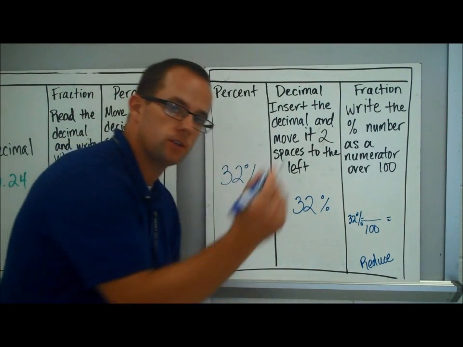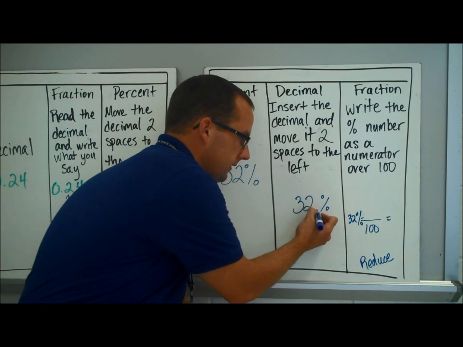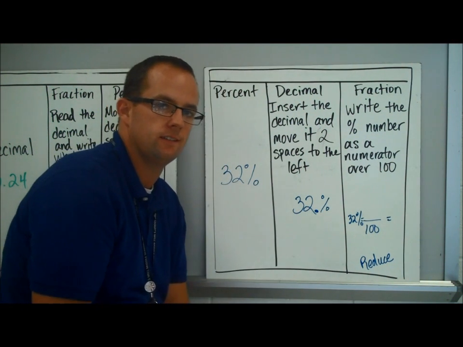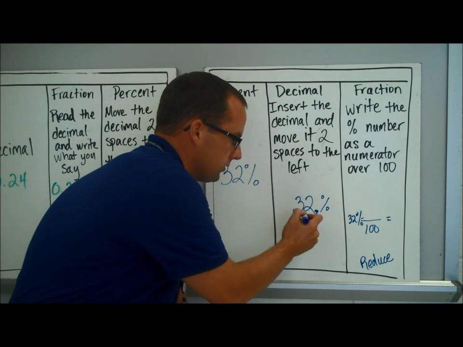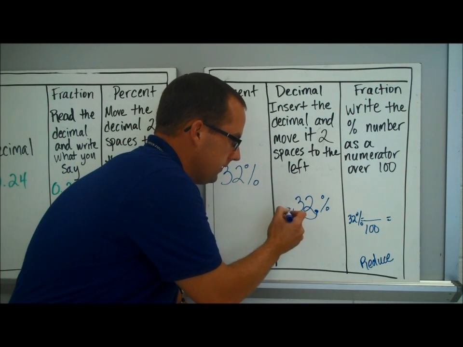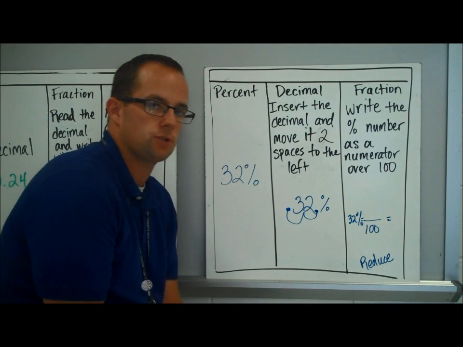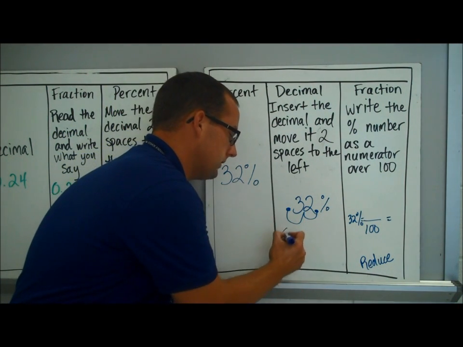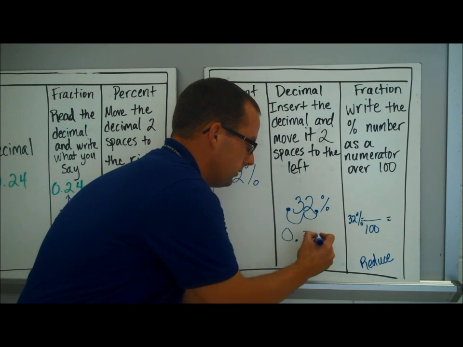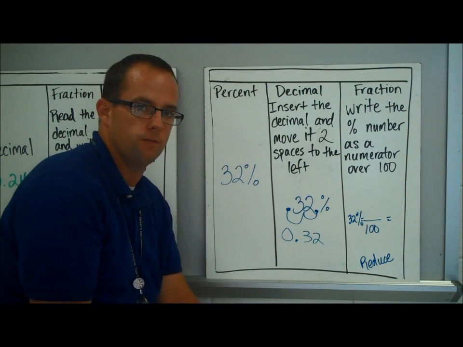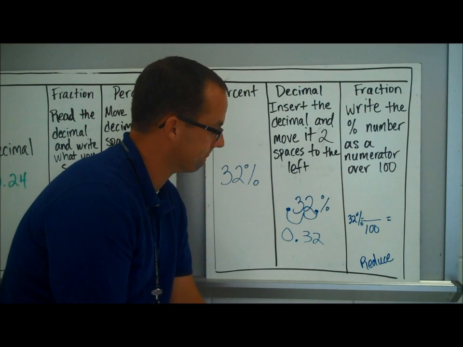So we want to insert the decimal where it should be, after the 2 there, and then move the decimal 2 spaces to the left. And of course, we can't just write .32, so we put a 0 in front of that decimal point. So 0.32. And of course, we get rid of the percent sign.